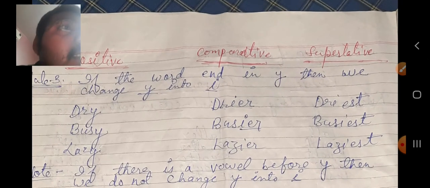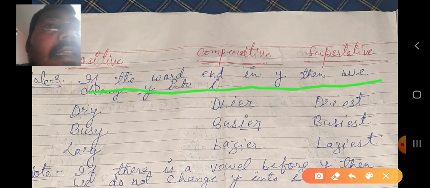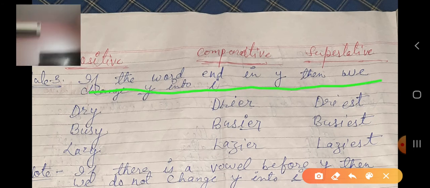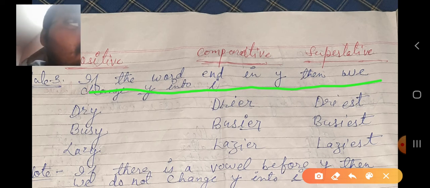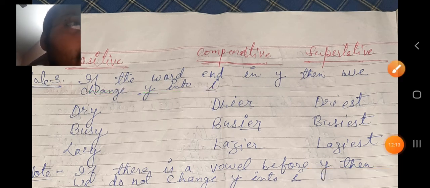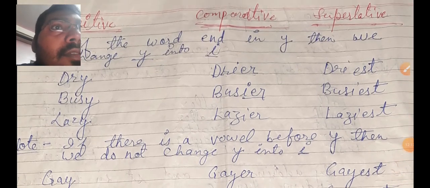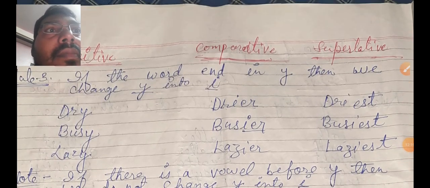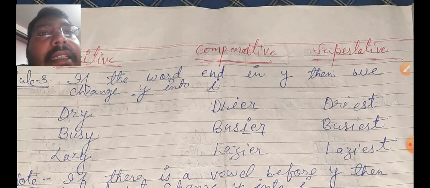Rule number 3 says that if a word ends in Y, then we change this Y into I. So if we get a Y at the end, then we convert this Y into I and add ER and EST.